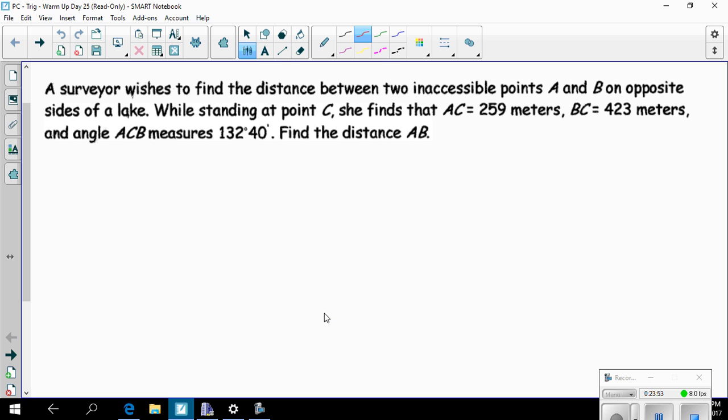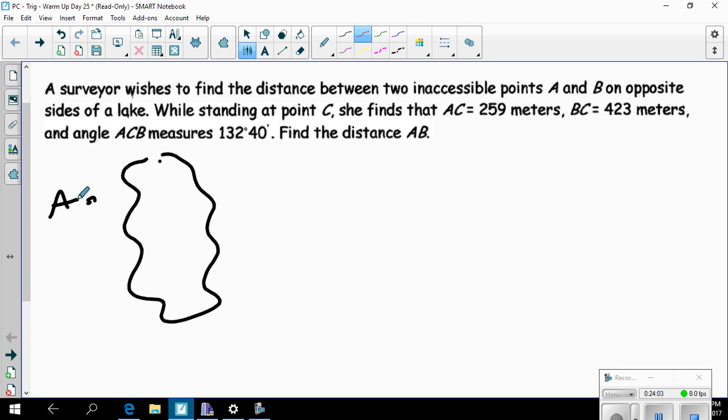Find the distance AB. Okay, so we've got some lake. There's my lake. And there's 2 points on opposite sides of it. So there's A, there's B. Apparently you can't get to those points.